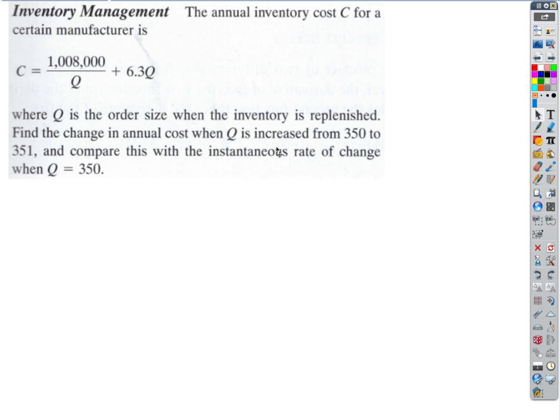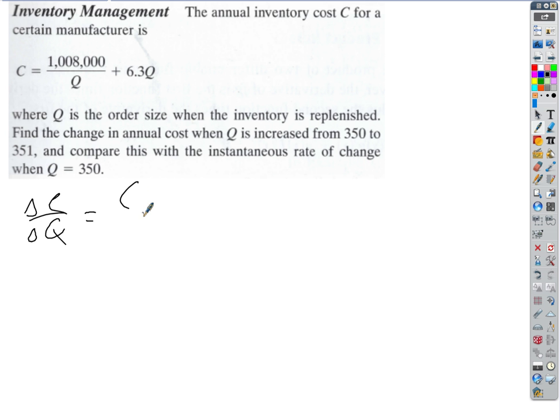Okay, so the average rate of change of C with respect to Q, right? So we could call that delta C over delta Q. Change in C over change in Q is just what? Don't give me an answer yet. How would I write that?